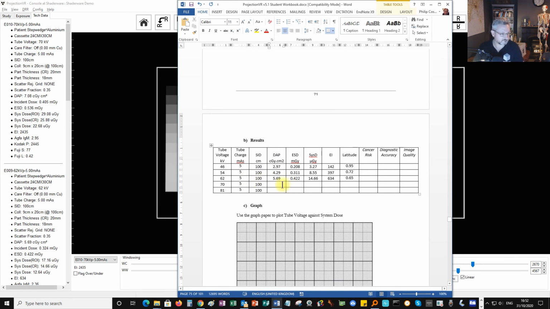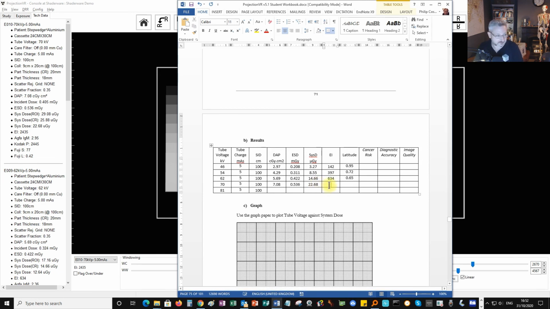Okay, DAP 7.08. Entrance surface dose 0.536. System dose 22.68.